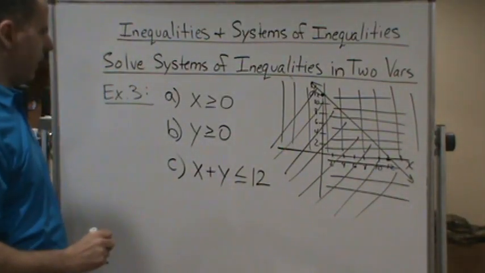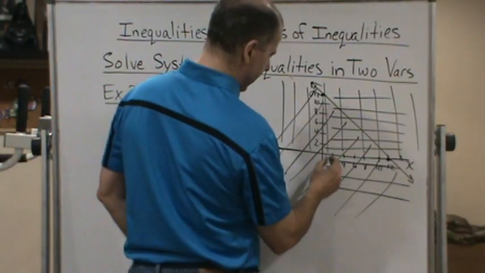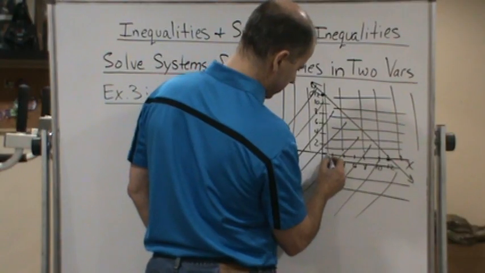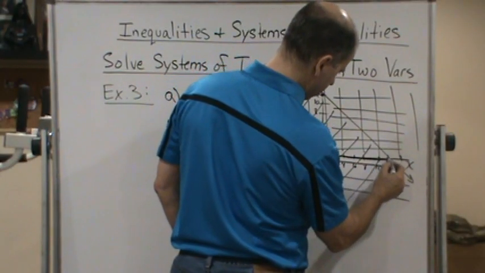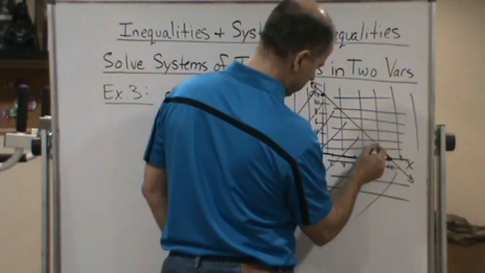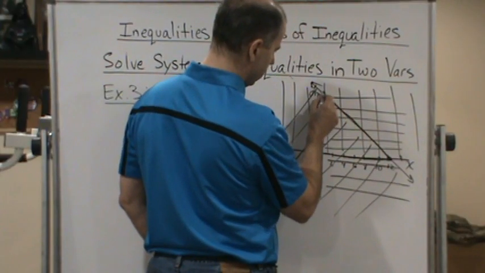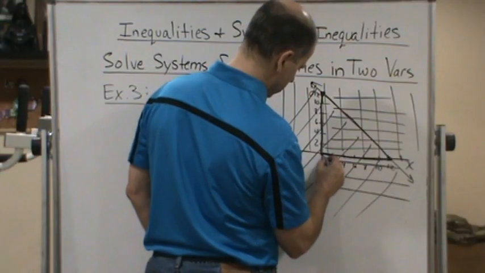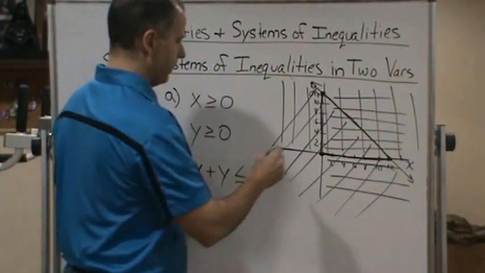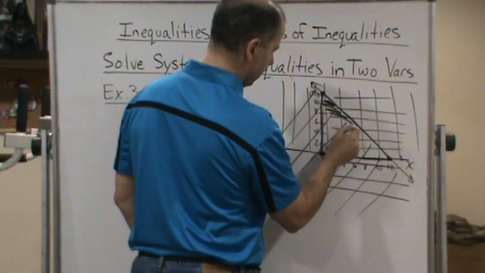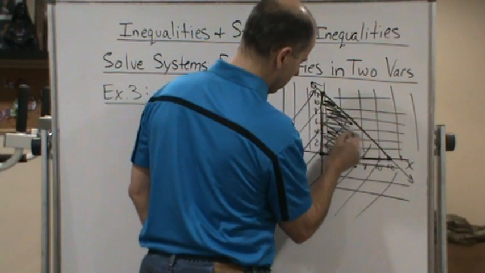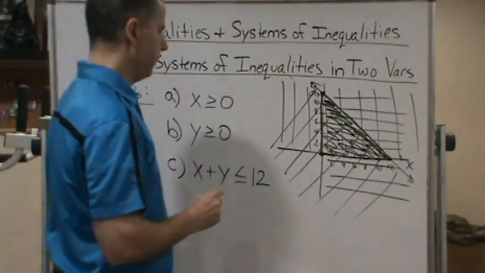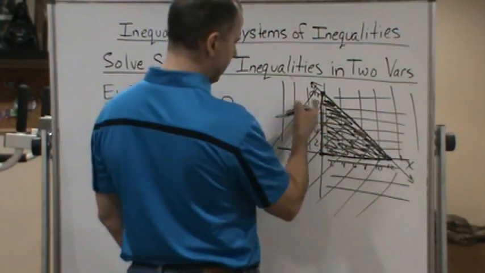And so when we do that, now we see that the boundary of all of the overlapping shaded regions is going to be here to here to here. And so we get this shaded region.